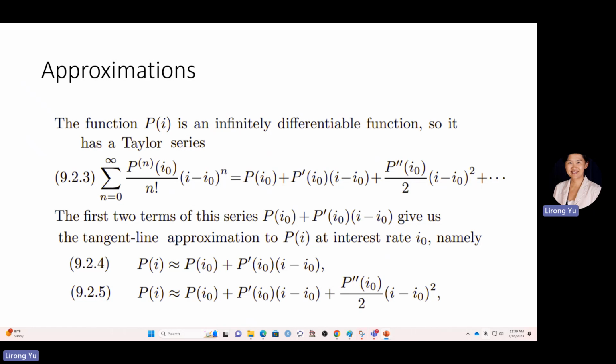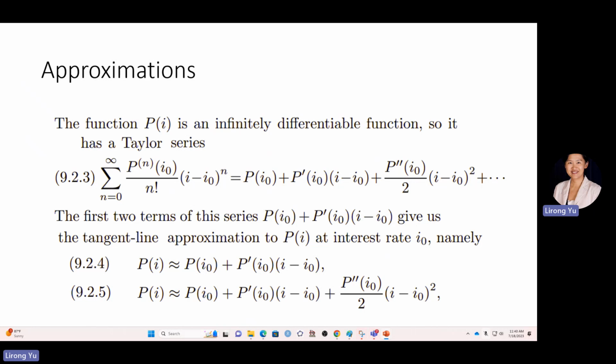Now, if we keep the first two terms, P(i0) plus P prime (i0) times (i minus i0), you see that is a linear approximation of the function P. i0 is like an approximating point. The Taylor series is expanded at point i0.